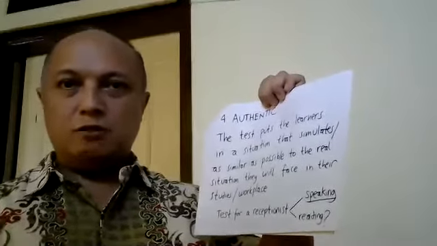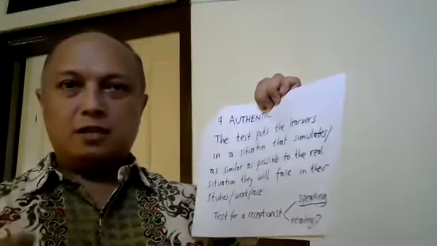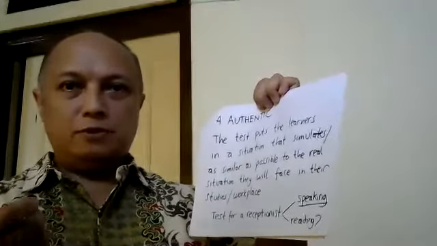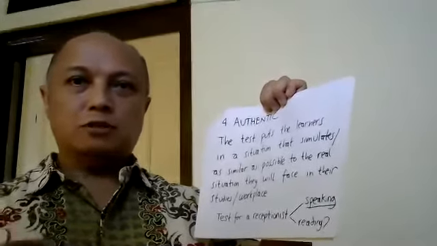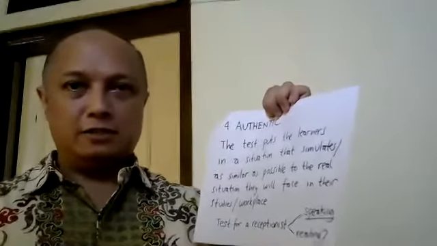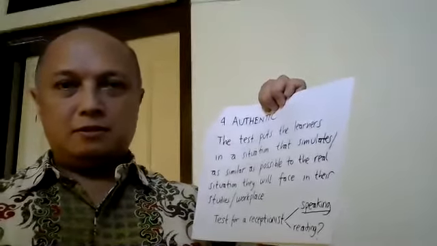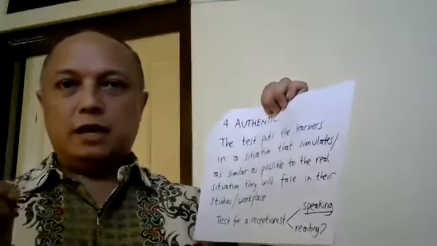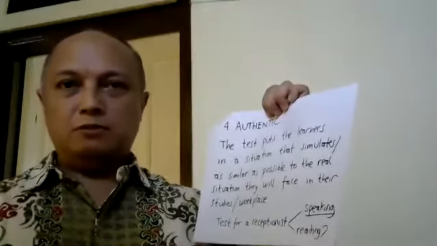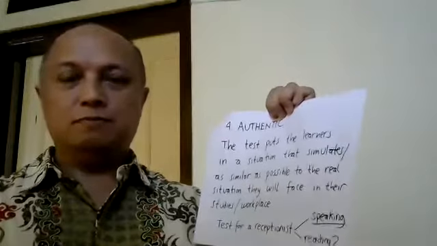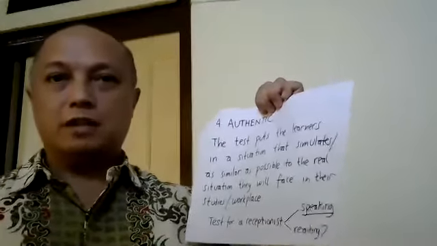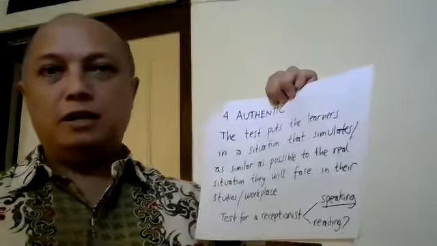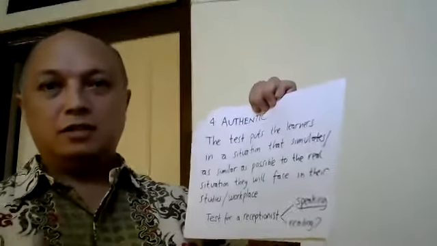Say if you are teaching a group of secretaries, the test that you give them should be as similar as possible to the tasks of the secretaries outside the class. The task should be as similar as possible to whatever they will have to do in real life as secretaries. That's the idea of authenticity.